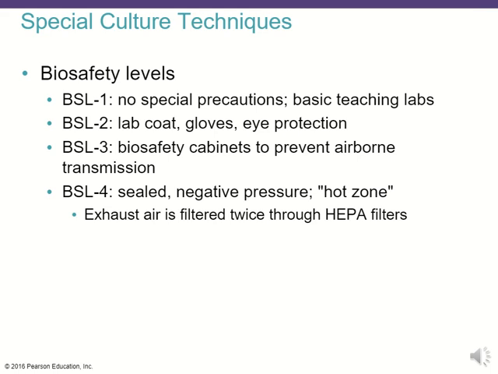On the third level, biosafety cabinets, or what was shown before, are used to prevent airborne transmission of certain dangerous microbes. In the case of biosafety level 4, a sealed negative pressure environment, or a hot zone, is involved.